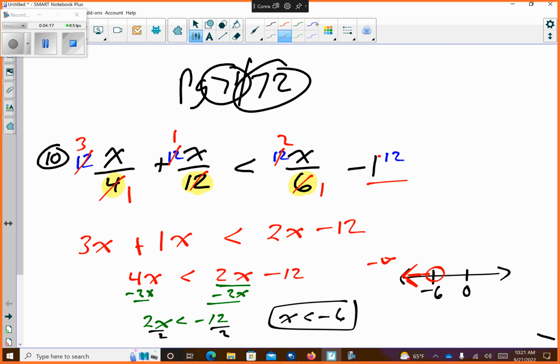So then when I write my interval notation, so, very good. We have soft parentheses all around on this one. The infinities always have soft brackets. The -6 has a soft bracket because we had an open dot on our number line. We did not have an equal sign underneath our inequality sign. Okay?